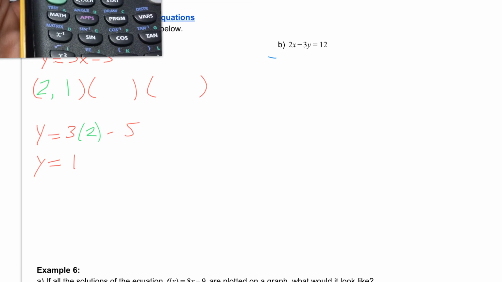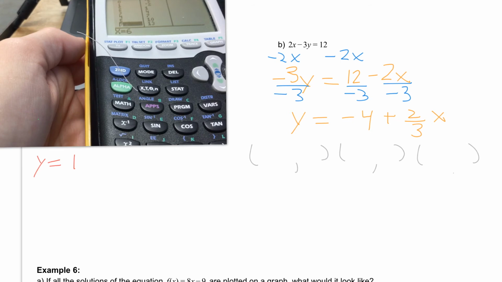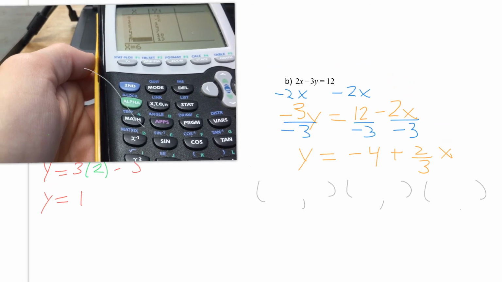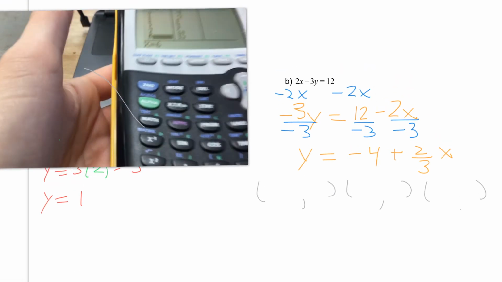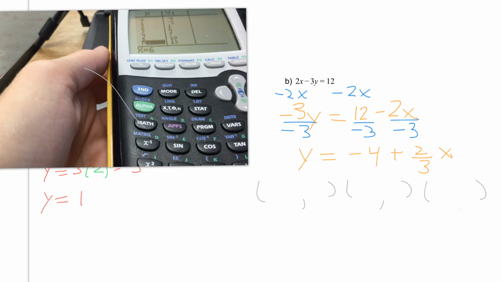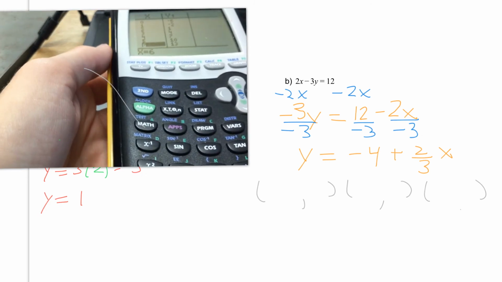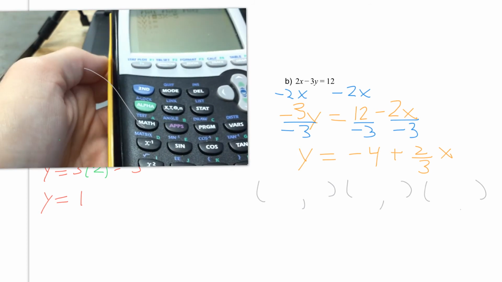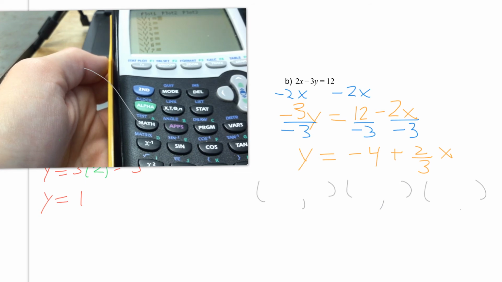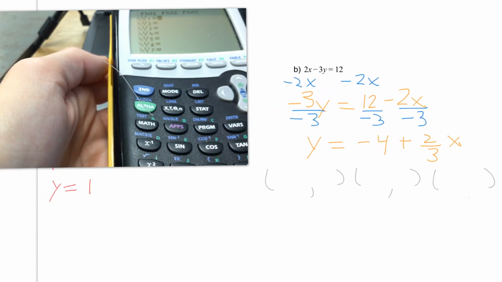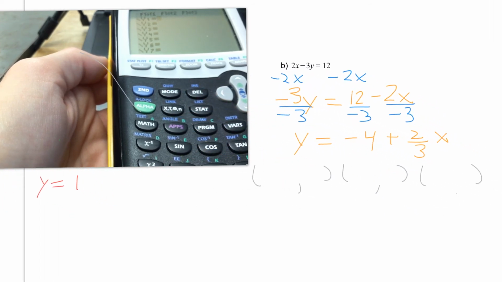So I want 3 ordered pairs by the time I'm done. And I'm going to go ahead and use that calculator. So I'm going to bring my graphing calculator back. And if I take a look, I'm going to go back to my y equals. I'm going to clear out the function I had before. And I'm going to type in my new function, which is negative 4 plus 2/3 x.